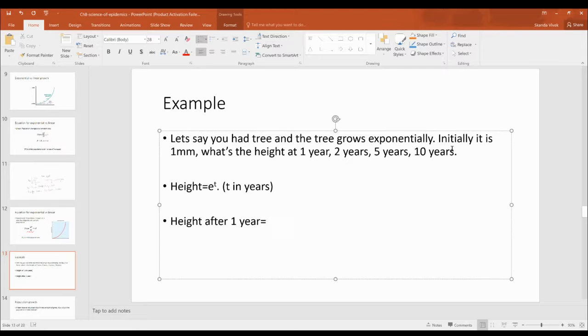But at 1 year, what is it after a year? That's the question I'm asking you. Can anybody tell me how to do this?